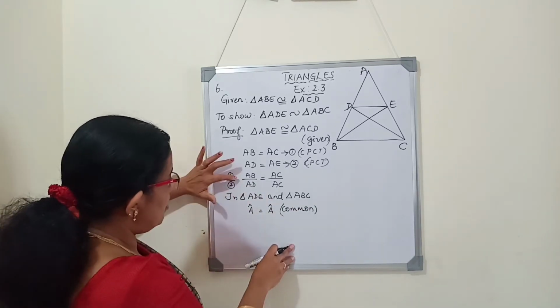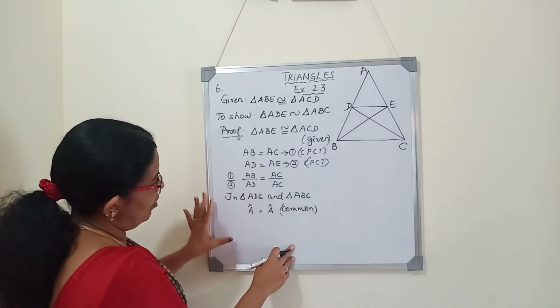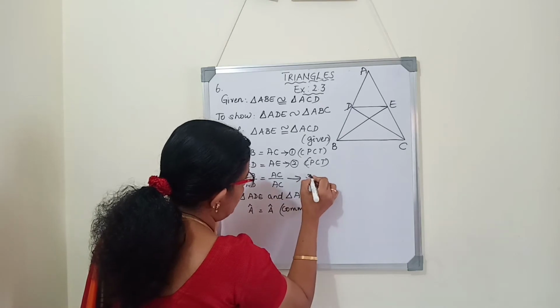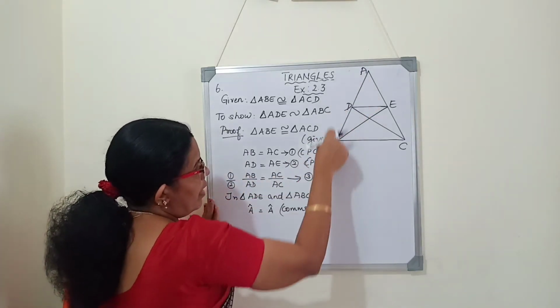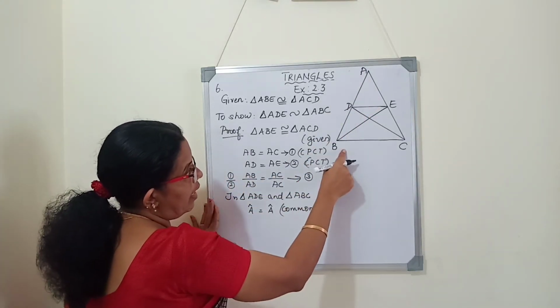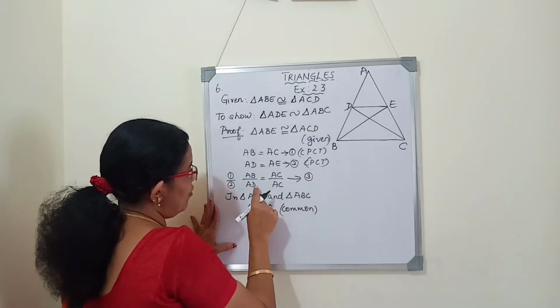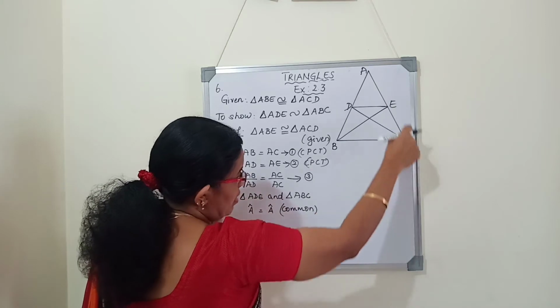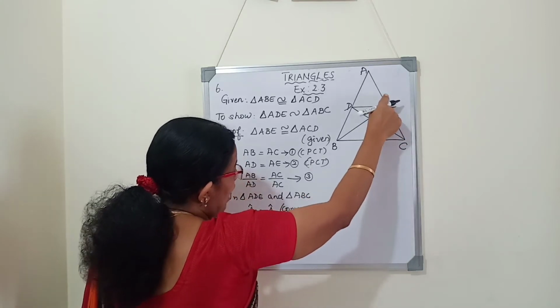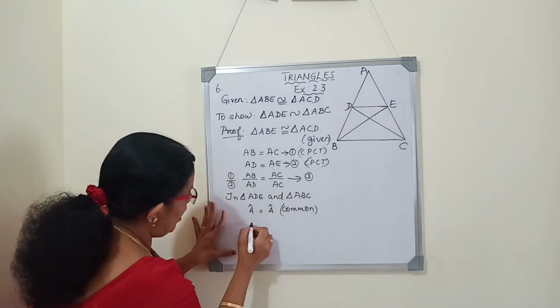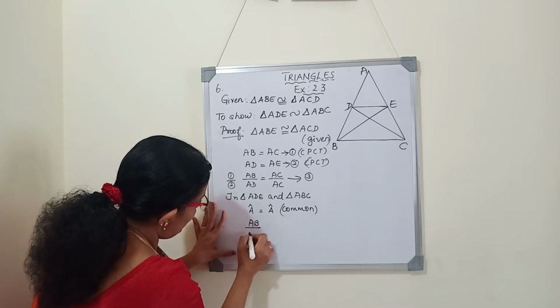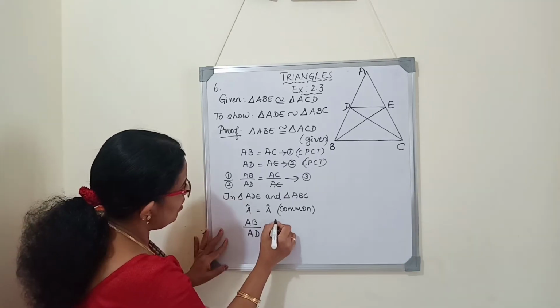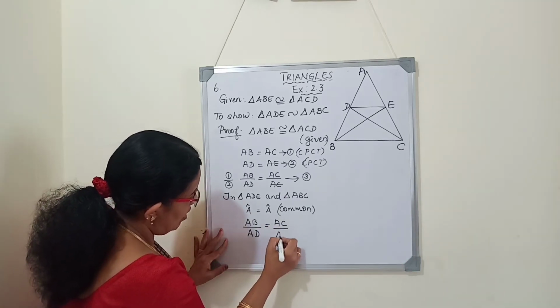Now, we already got an equation, which we proved. If you want, we can write it as equation number 3. AB is the side of the bigger triangle. AD is the side of the smaller triangle. Next, AC is the side of the bigger triangle and AE is the side of the smaller triangle. So we'll write that AB by AD equals AC by AE.